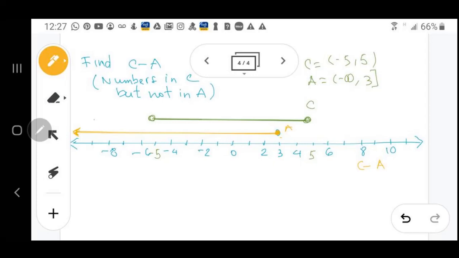And if you notice, those values begin from this number in here.